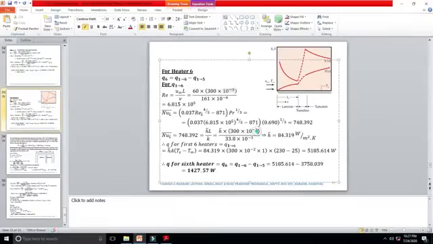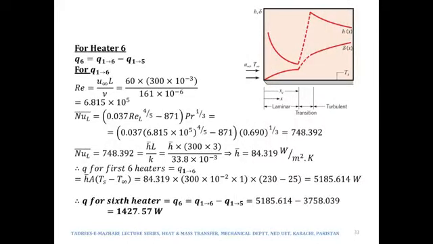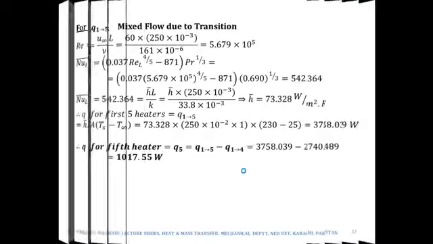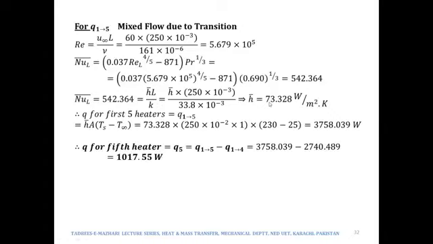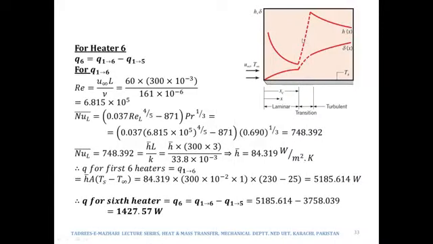We get average value of H bar as 84.3, right? So now what was h bar over there in the previous case? It was 73. See, it has increased. It has increased due to this thing, right?